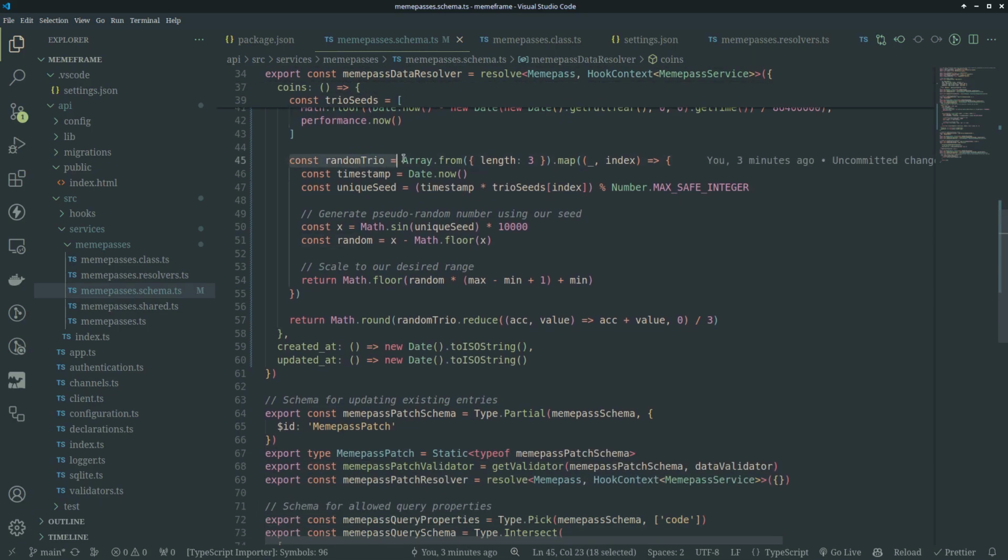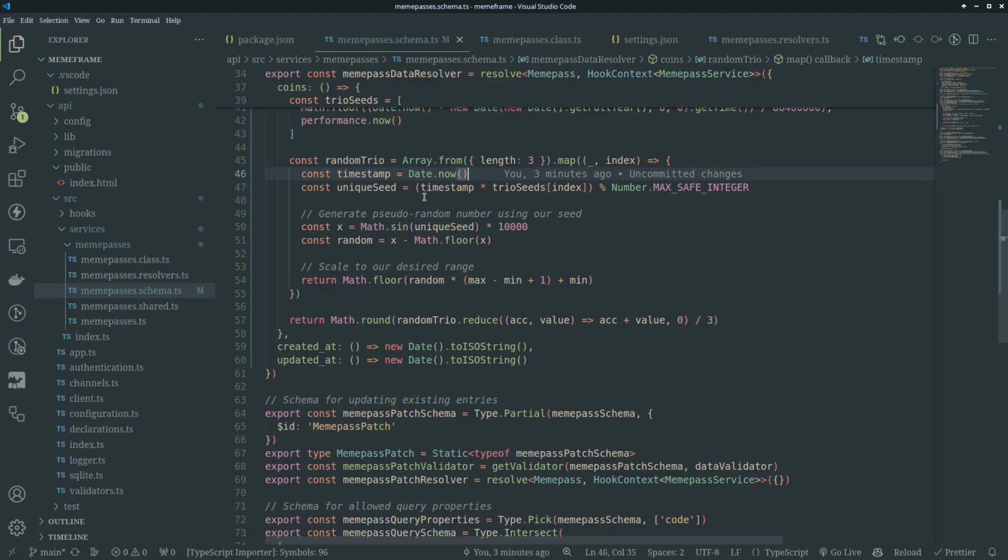Here we have the random trio, which is going to be the three numbers. First of all, we started with Array.from, setting up an array of length 3 and then looping through the array.